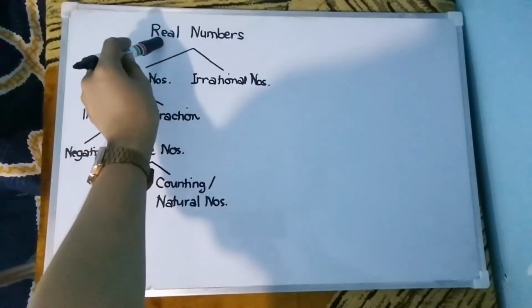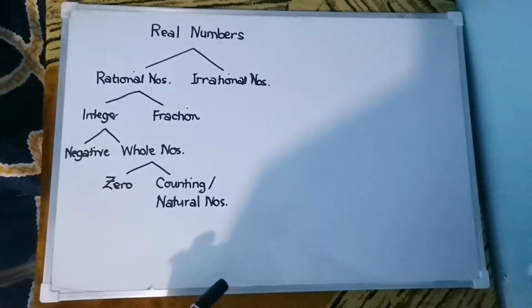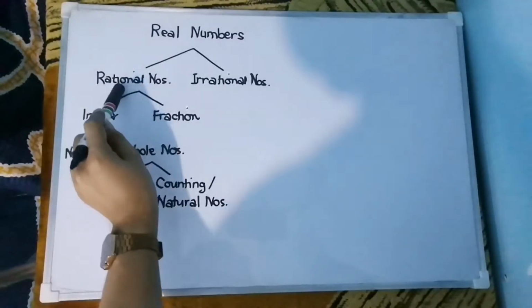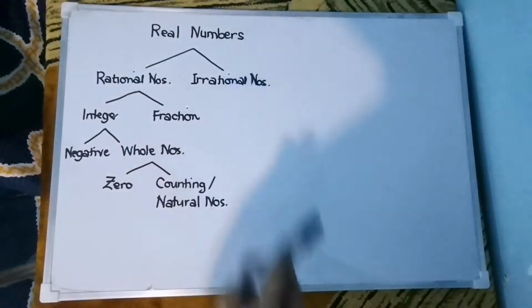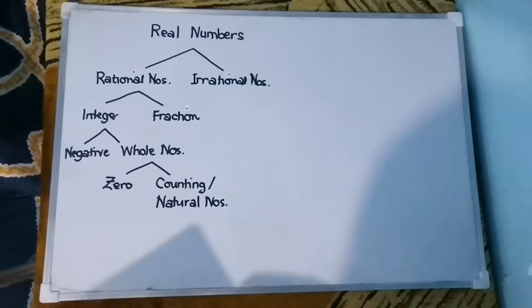So, real numbers is divided into two. So, it is mainly divided into two, which are the rational numbers and irrational numbers. So, what is the difference between rational numbers and irrational numbers?